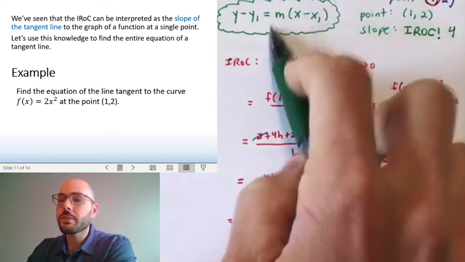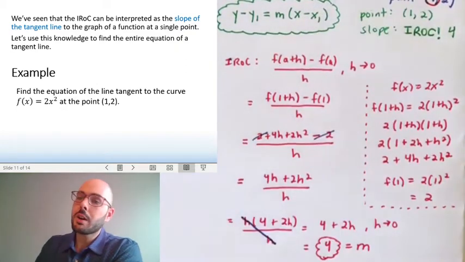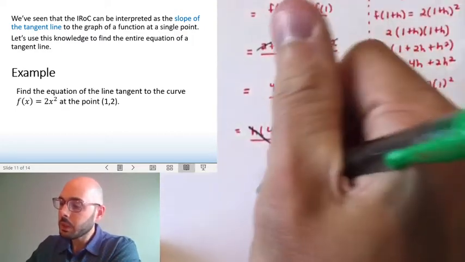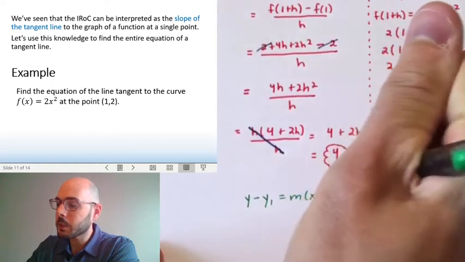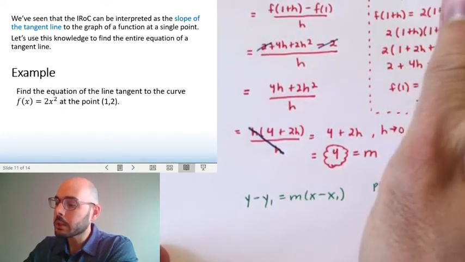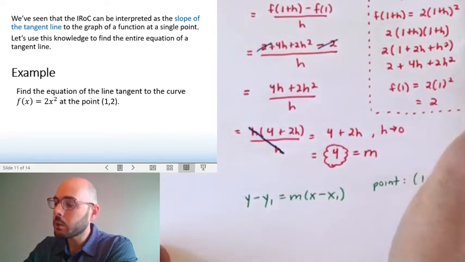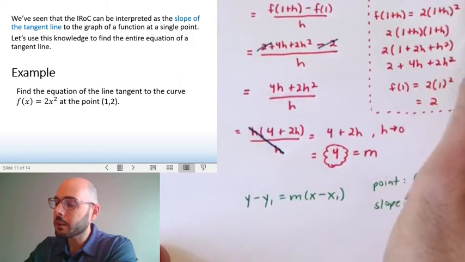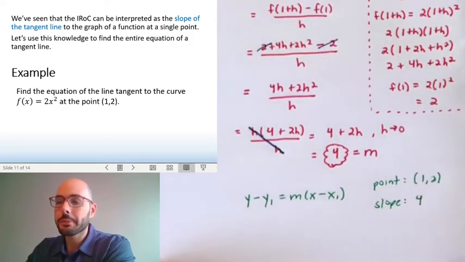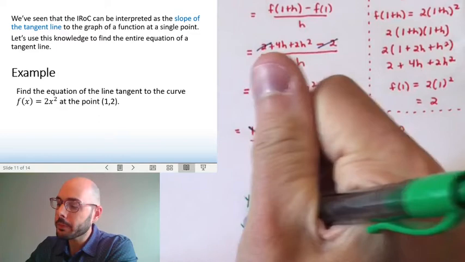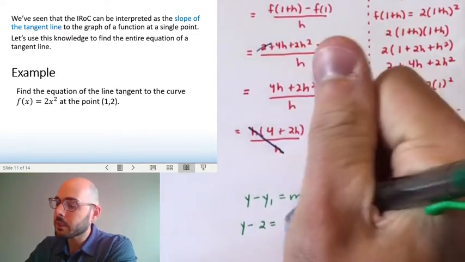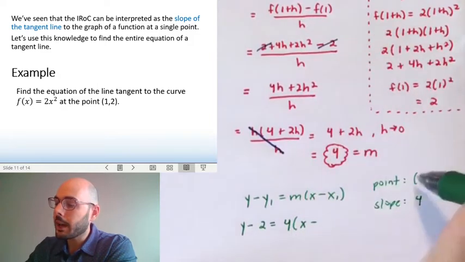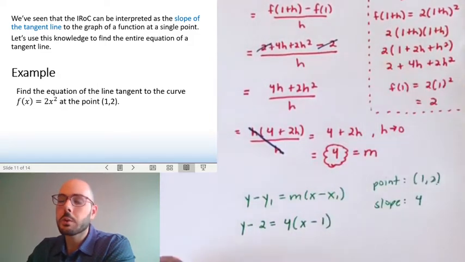So we're going to finish off this problem. We want the equation of a line, which is y minus y1 equals m times x minus x1. We're going to use the point 1, 2, and the slope that we just found, which was 4. So go ahead and plug in this information. y1 is 2, m, the slope that we just found, is 4, x1 is the x value of the point, which is 1.